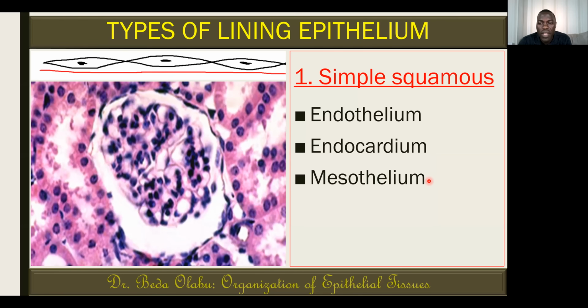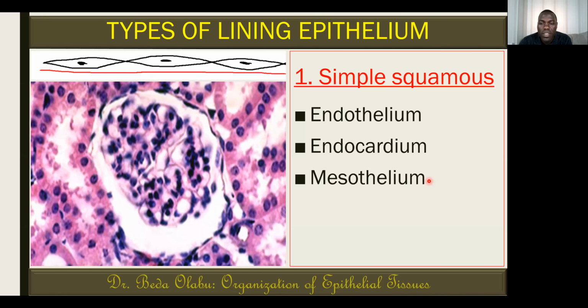There are three body cavities. Peritoneal cavity, that's the cavity around the intestines. And the membrane there is called peritoneum. So peritoneum is mesothelium. The second body cavity is the pleural cavity.